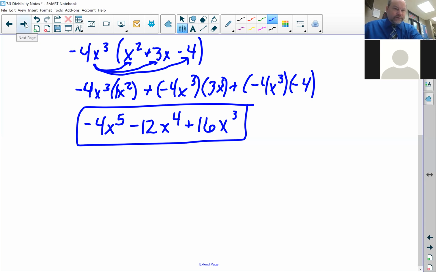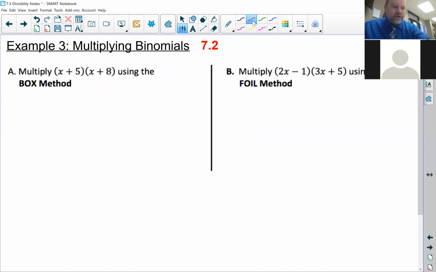All right. Moving on, then we talked about binomials and multiplying binomials. And we talked about 2 different methods for multiplying binomials.